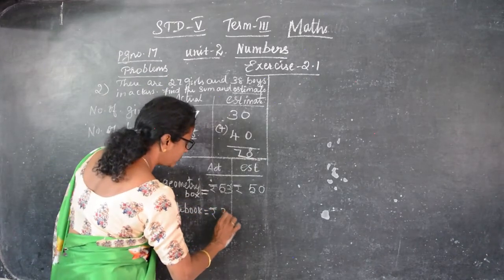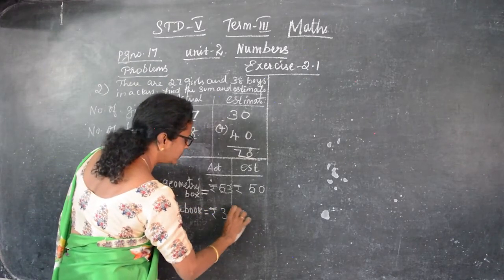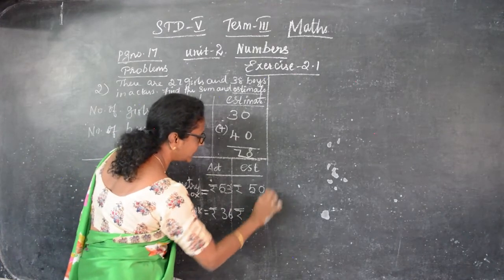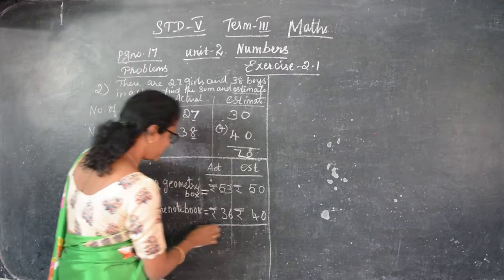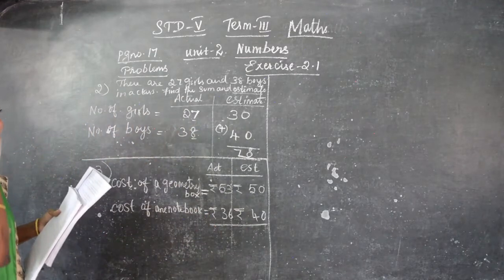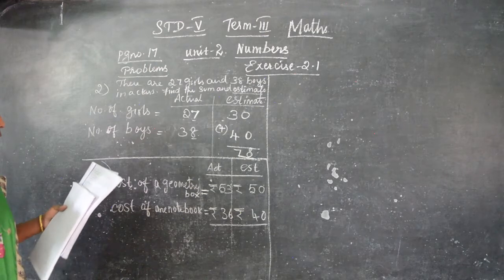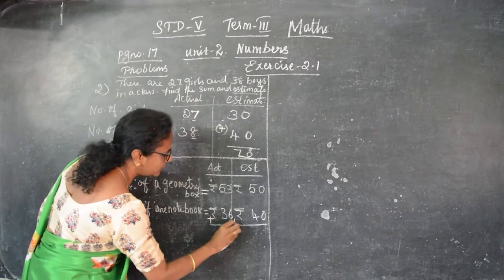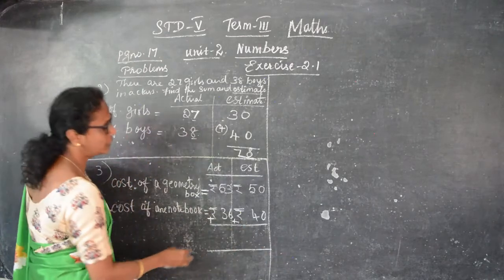This is the actual amount. Then what will the estimate be? This is above 5, so you have to round it to the nearest ten, that is 40. So what they are asking is to estimate the cost to the nearest tens place, find the sum, and also find the difference. So put estimation for both, and you have to find both the actual and estimate values.